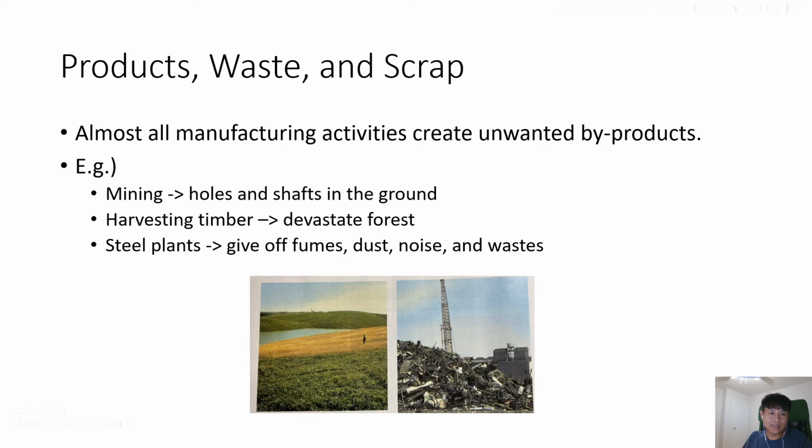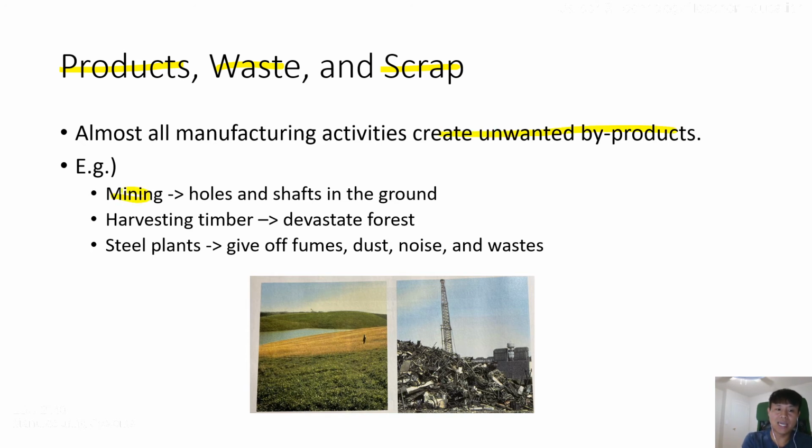The last slide. We have to keep in mind that when we make a product, we most of the time produce waste or scraps. That is an environmental impact: unwanted byproducts.